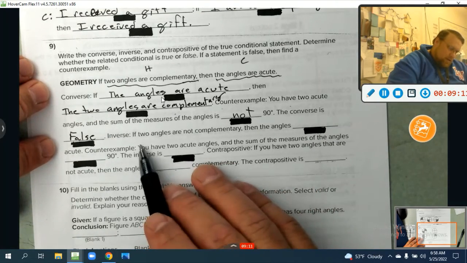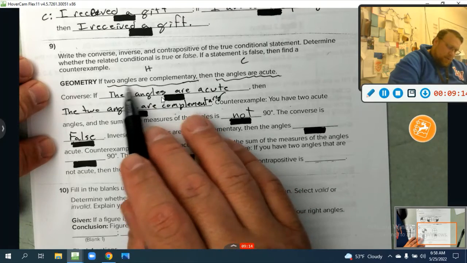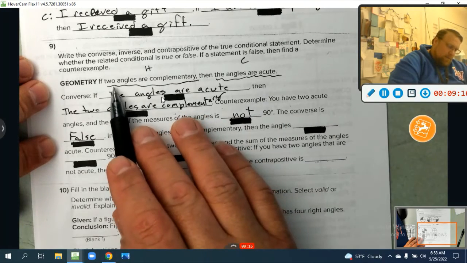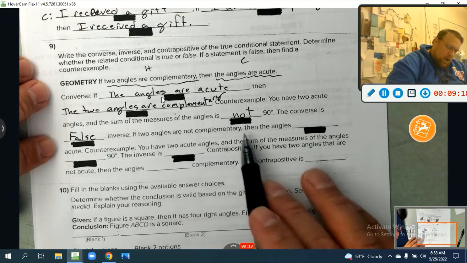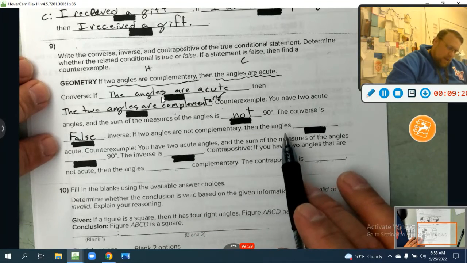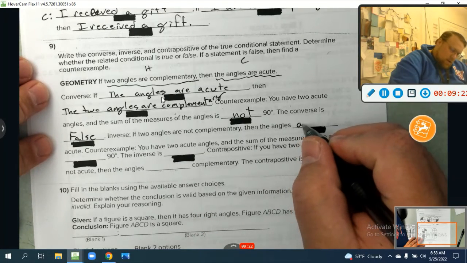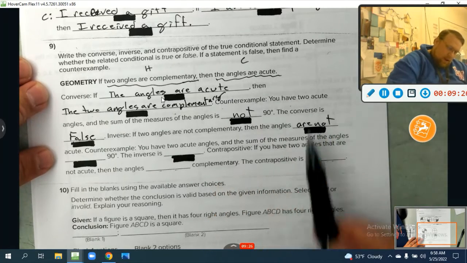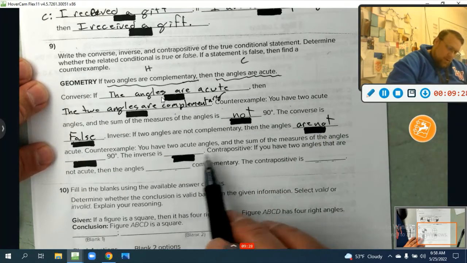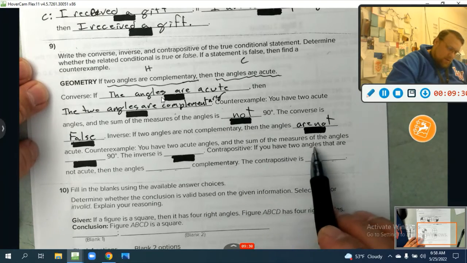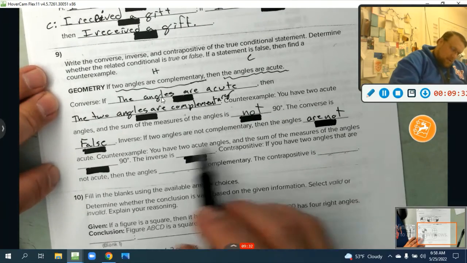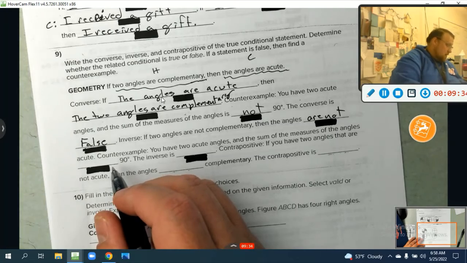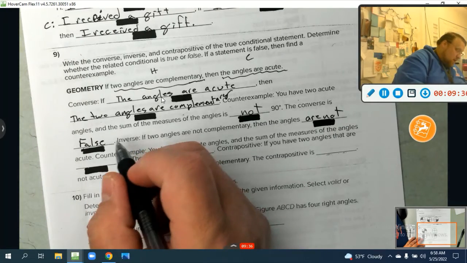If two angles, now we're going to do the inverse. So we're going to do the opposite. We're going to do it in this order, but opposite. So if two angles are not complementary, then the angles are not acute, right? Counterexample: you have two acute angles, and the sum of the measures of the angles is not 90 degrees.